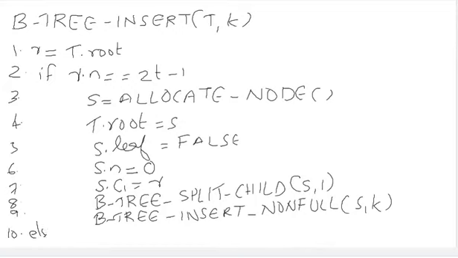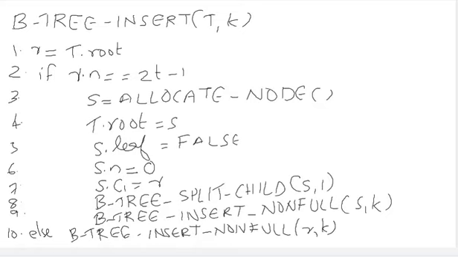If it is not a full node, then we can invoke B-tree insert non full of R comma K. Here R is not a full node, so we invoke B-tree insert non full of R comma K, where B-tree insert non full is a recursive procedure. So now it's clear.